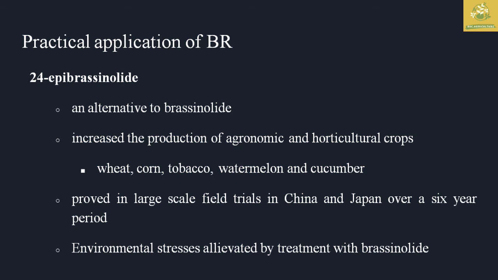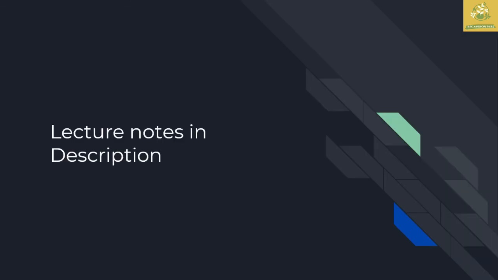This was proven in large scale field trials in China and Japan over a period of 6 years. Plants also show environmental stress tolerance when treated with brassinosteroids. I have given the lecture notes in the description, and some of the important points in this video.